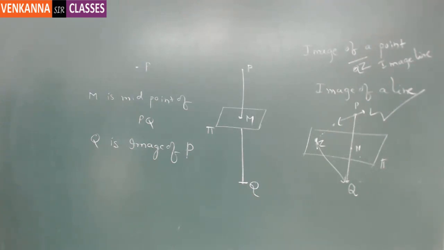That formula we use and we will calculate the image of a line. So the line image is nothing but a line, and the point image is nothing but a point. There you are calculating a point, here you are deducing a line. That is the procedure for the calculation of the image of a line. Okay.